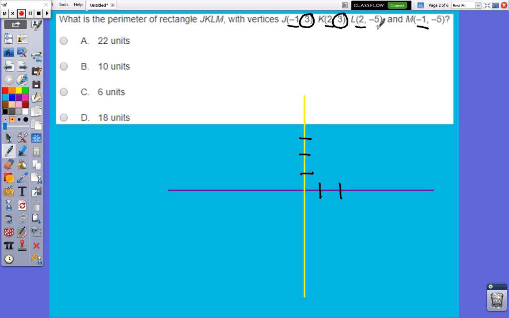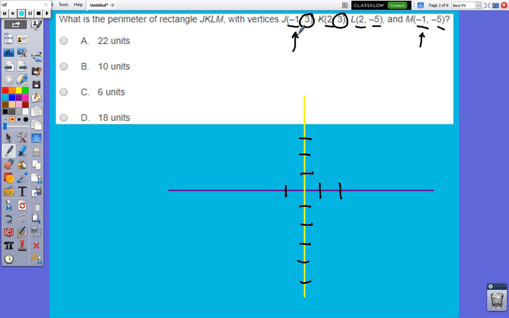I'm not getting any lower than -5, so I'll go -1, -2, -3, -4, -5. On my x-axis I'm not getting any smaller than -1, so I'll just go -1. Notice how I've used the vertices of this rectangle to dictate how big I make my coordinate plane.